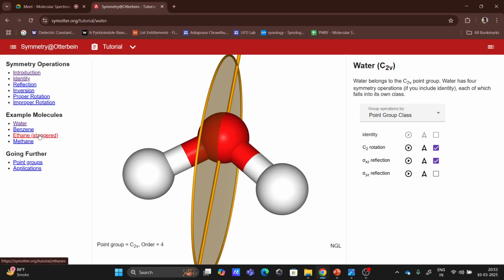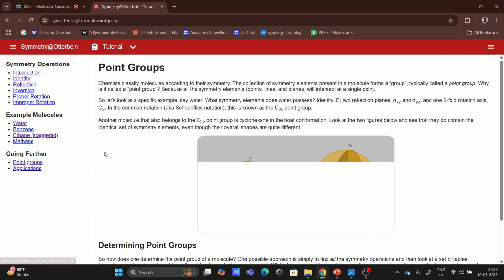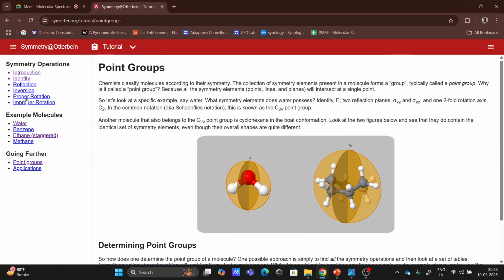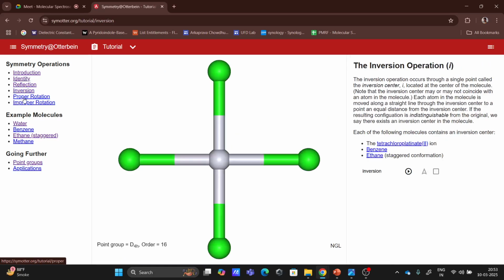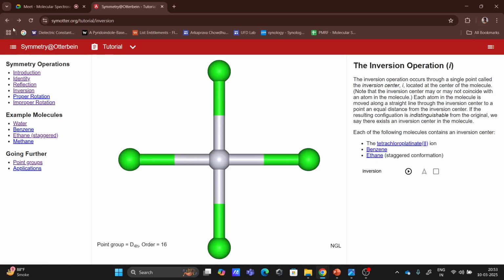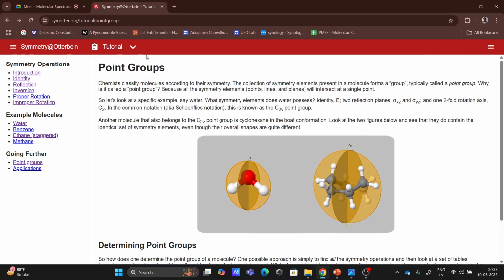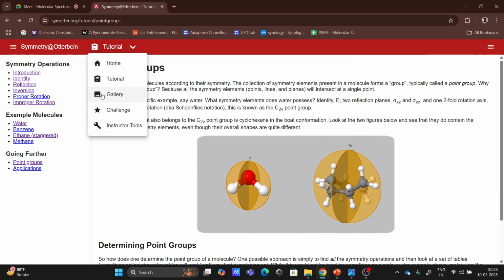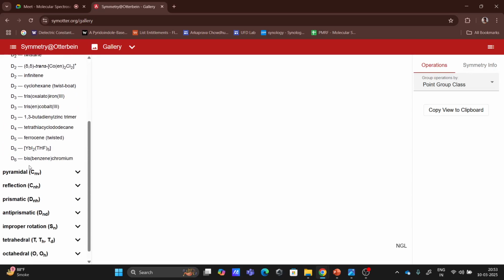Even for staggered ethane and methane, and I think they have it for higher molecules also. So this is one of the websites you can look at. Now you can go to the gallery and maybe think of ferrocene.